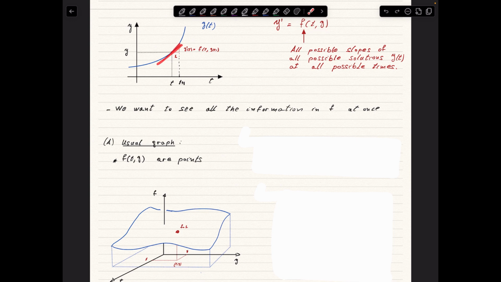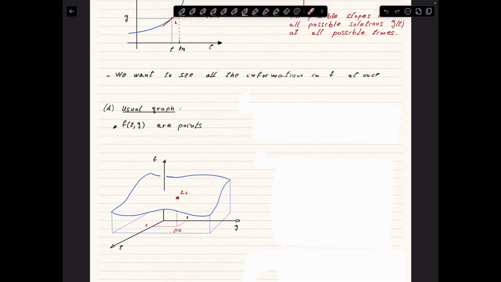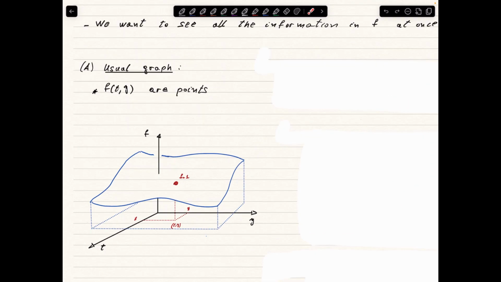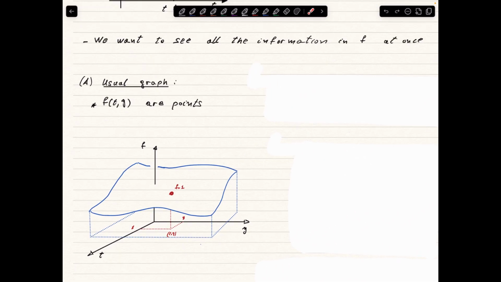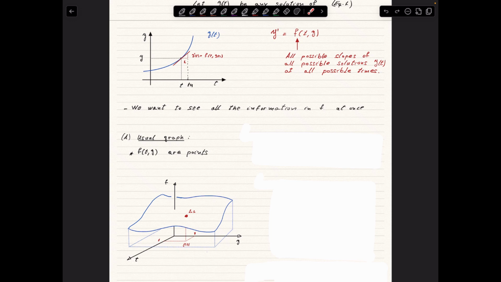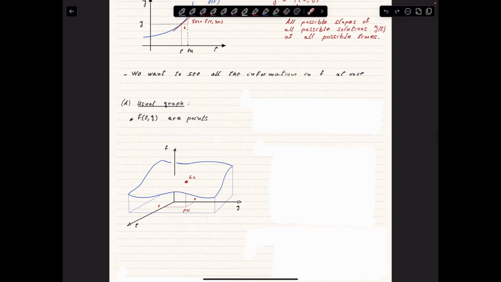And look, this segment lives in a y-t plane. So if we want to represent this segment, we are not going to do it here, we are going to do it down here. This segment has a slope of more or less 1, because if this is 1, this is very close to 1 also.